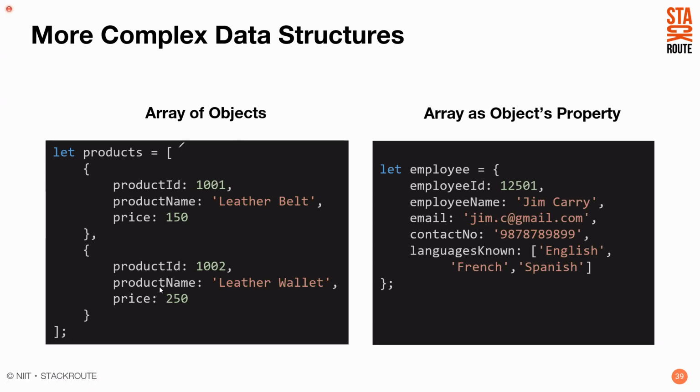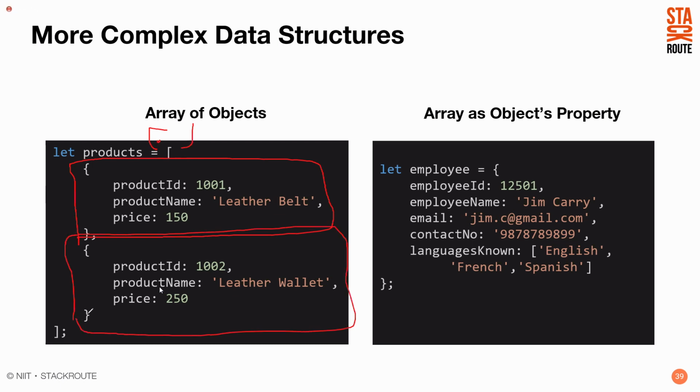Look into the first category, array of objects. Product is considered as an array. Inside product, the 0th index, product of 0, is one object, and the product of first index is another object.